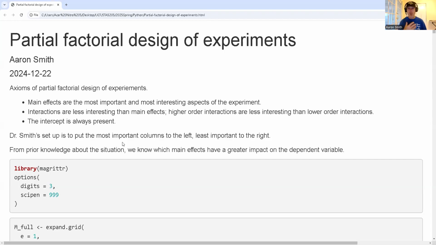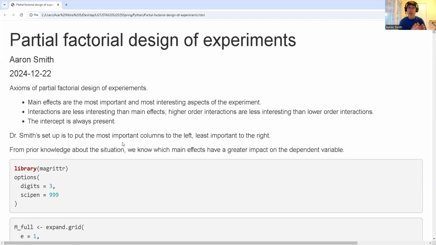So I'm going to call the most important independent variable A. I'm going to call the second most important B, and the third most important C. Now my interactions are going to denote, well, the interaction between A and B is AB. The interaction between A and C is AC. The interaction between B and C is BC. And then the interaction between all three is ABC.